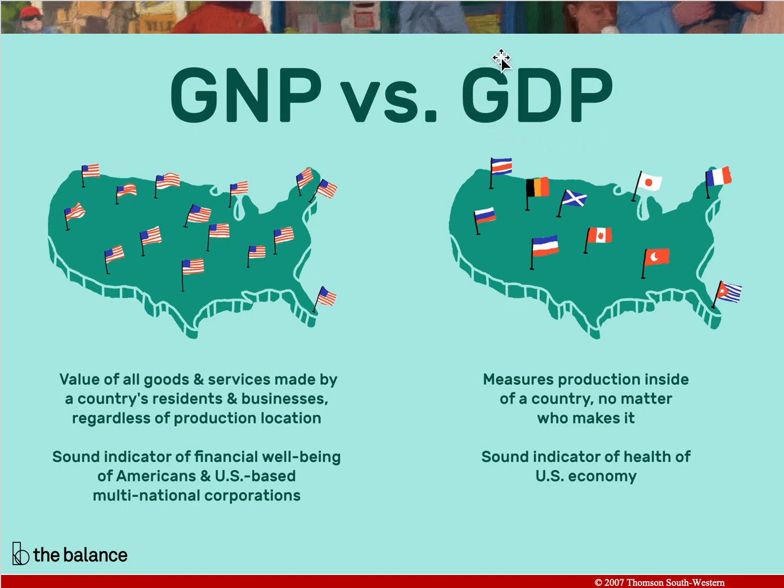In contrast, gross domestic product measures production inside the country. So the key word here is inside. Inside the country, no matter who makes it. In the case of this example in America, you can see from the flags shown in the picture, production can be done by Japanese, but the location of production is in America.